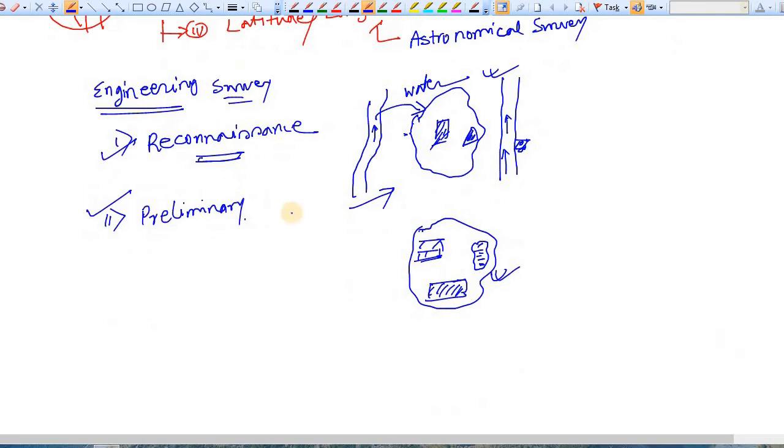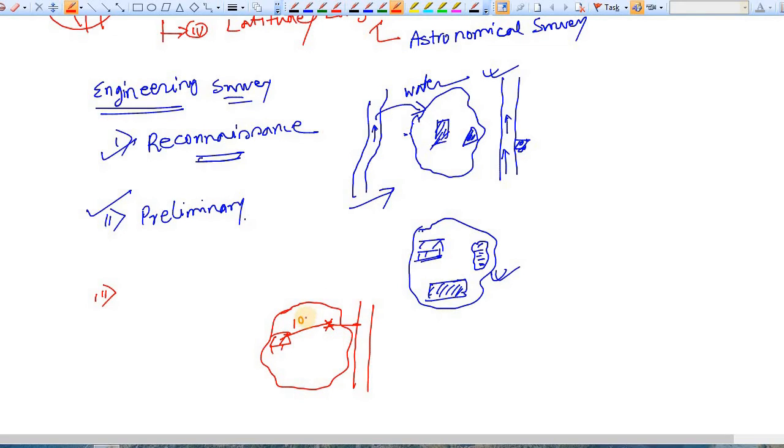Now reconnaissance is completed, preliminary survey is completed, and the plan is prepared. Now you go to your land with labor, material and equipment, and you start your construction. First, with respect to the road, you mark some point and decide that from this point, at a distance of 10 meters, there will be my farmhouse.